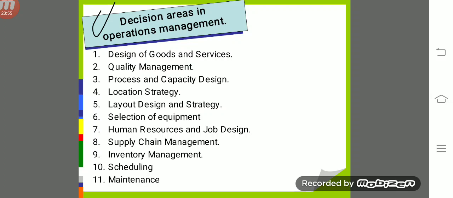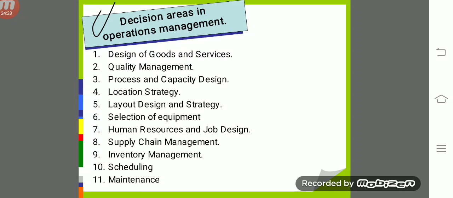For example, the design of the product is the same but the design is different in every company. For example, Tata cars and Maruti Suzuki, both companies provide the same product, a car, but the design of the Tata product and the design of Maruti Suzuki is different.